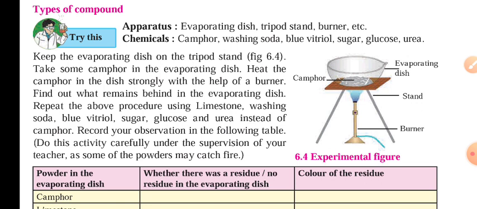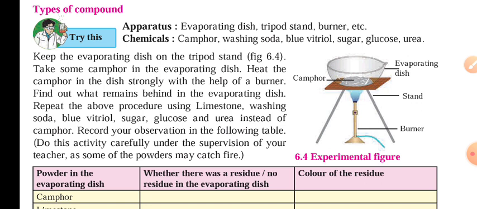After heating or burning, if there is a black residue, meaning something black is left behind, then definitely it will be an organic compound. And if nothing is left behind, then it will be called an inorganic compound.